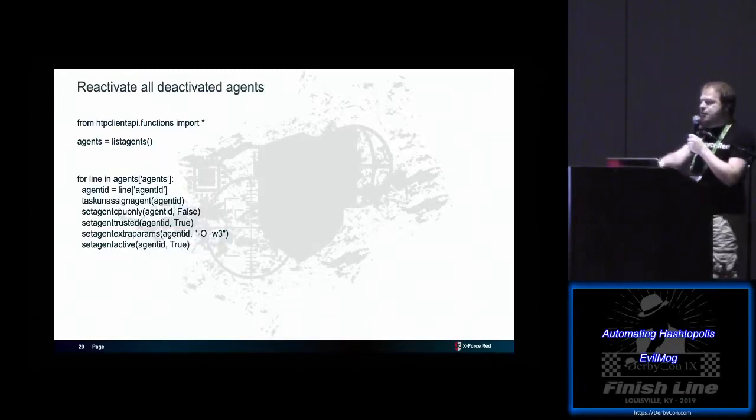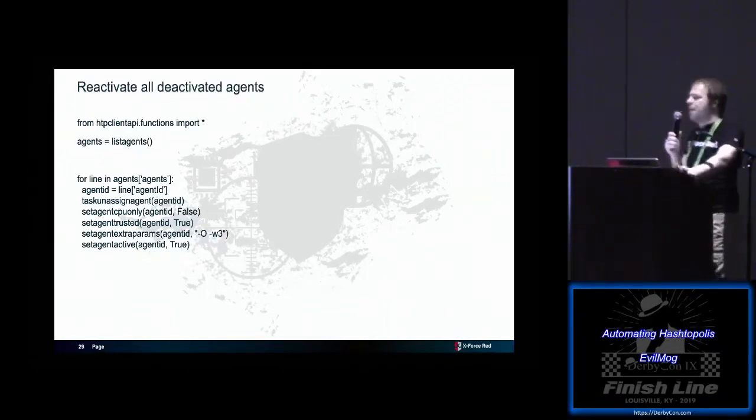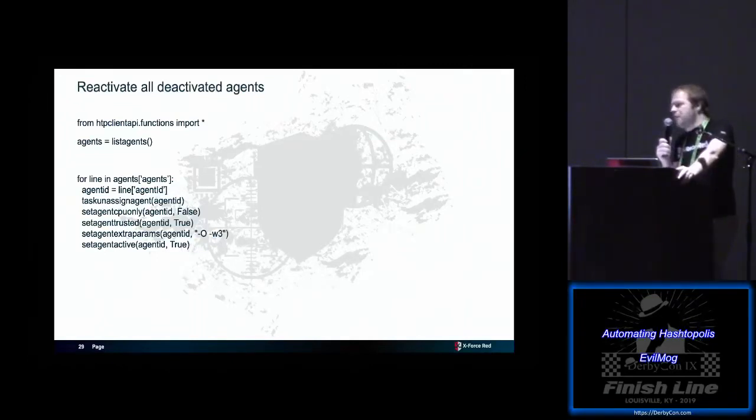This script is gold. You'll all want to take a copy of this. When you submit a job to Hashtopolis and you have analysts that don't know what they're doing, they tend to submit jobs that will cause all of your agents to die. Or during a competition, you have to manually select or pop into the database and flip all the fields, and it's such a pain in the ass. This script goes through, lists all your agents, unassigns all their tasks, disables CPU only if they screwed things up, resets them to trusted, and sets their parameters like optimize and workload profile 3.